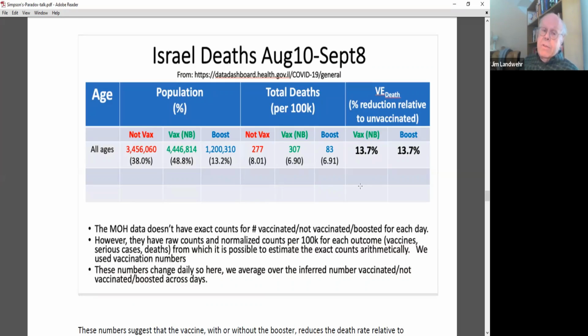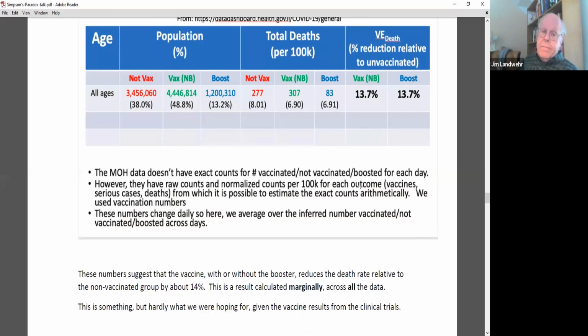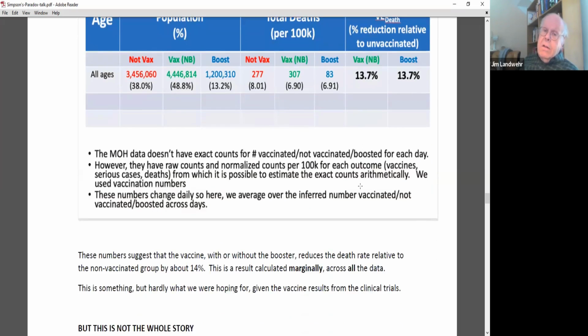In both cases, it was about 14%. And this is calculated marginally using all the data. We've used all the data that was available.